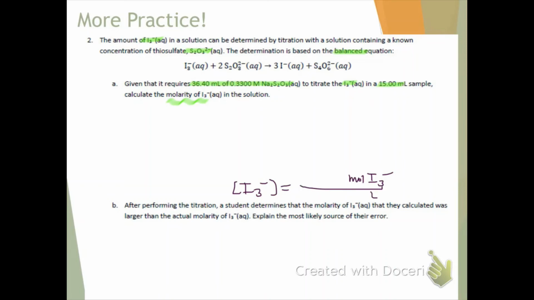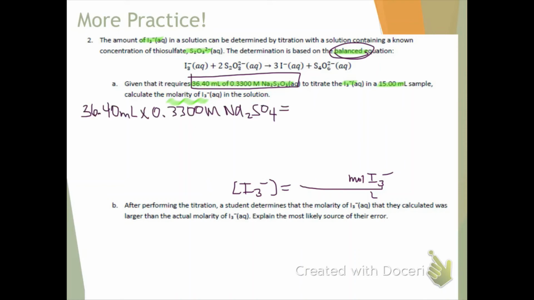Well, to find my moles of I3-, I'm going to need to do stoichiometry based on the information that was given to me about that sodium thiosulfate. Well, we're given a volume and molarity. First step of stoichiometry is that balanced equation, which we have. Then we need to get to moles. Using volume and molarity, I can get to moles through multiplication.